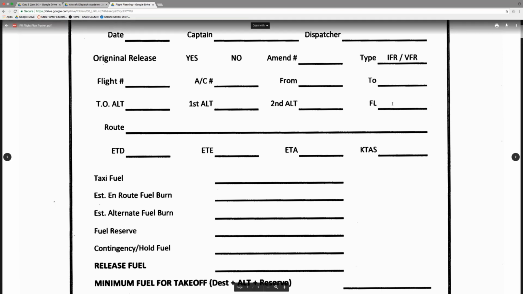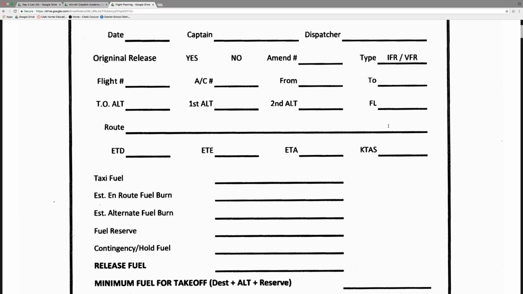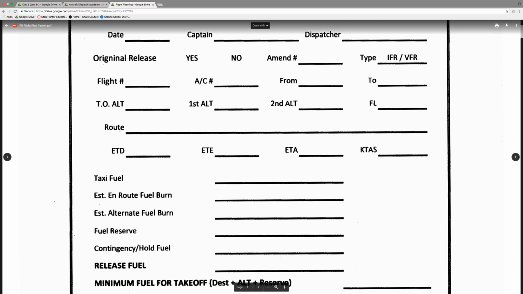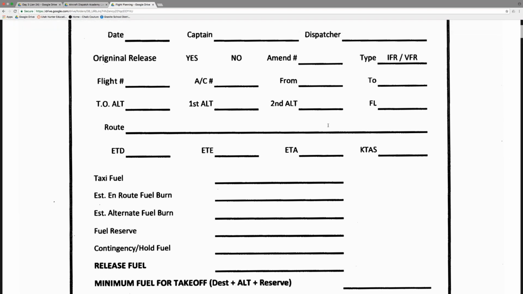This is our flight level, so we're actually going to plan the aircraft to fly at a specific altitude, and that's going to help us generate all of our performance numbers. Okay. This is where we would put the IFR flight plan.